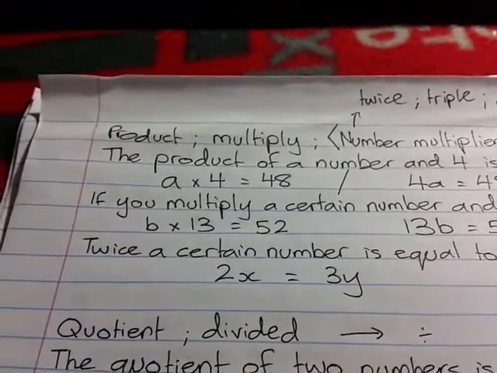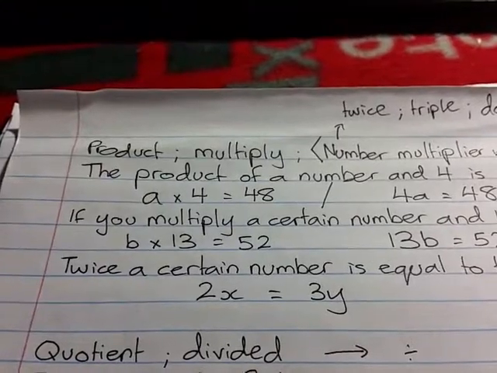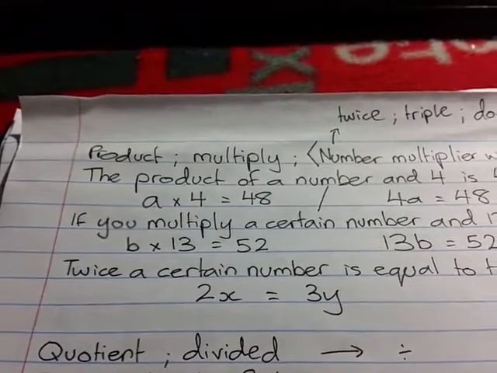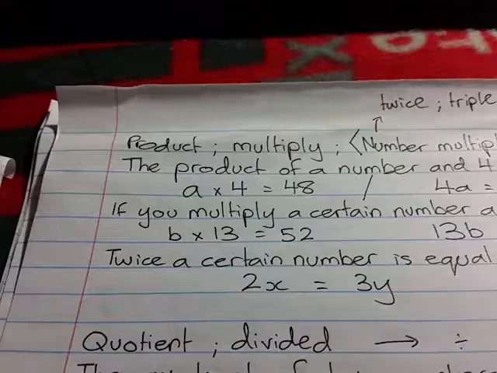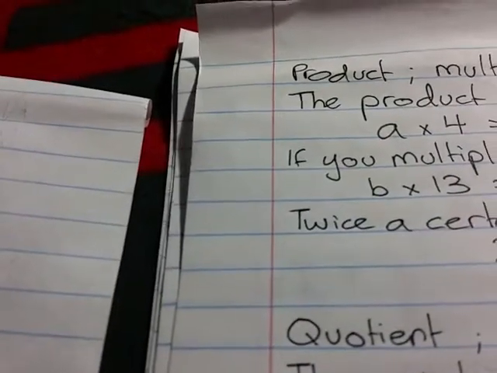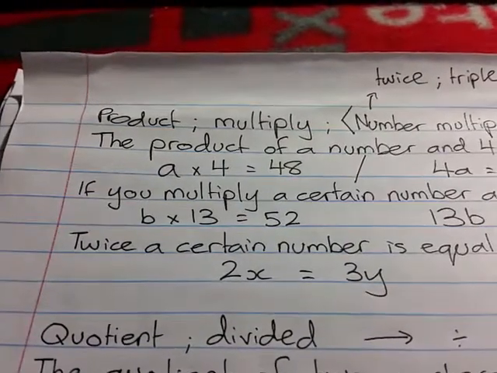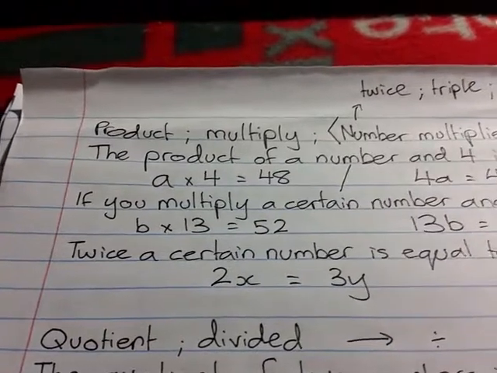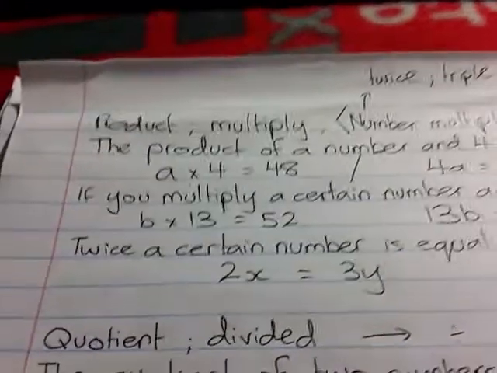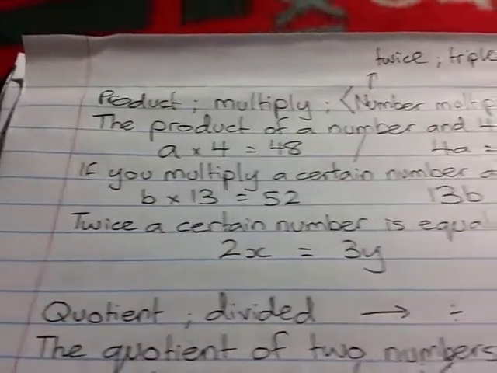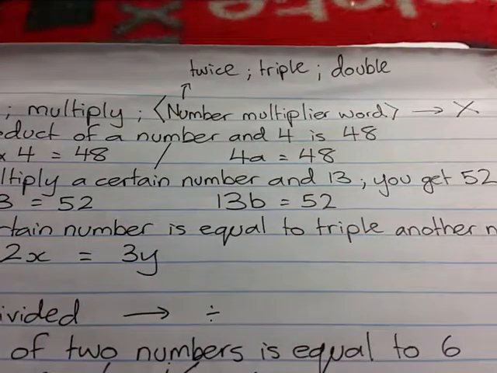If you see the words quotient and divided, it's of course a command for division. The word quotient over here refers to the result of a division problem. So the quotient of two numbers is equal to 6.